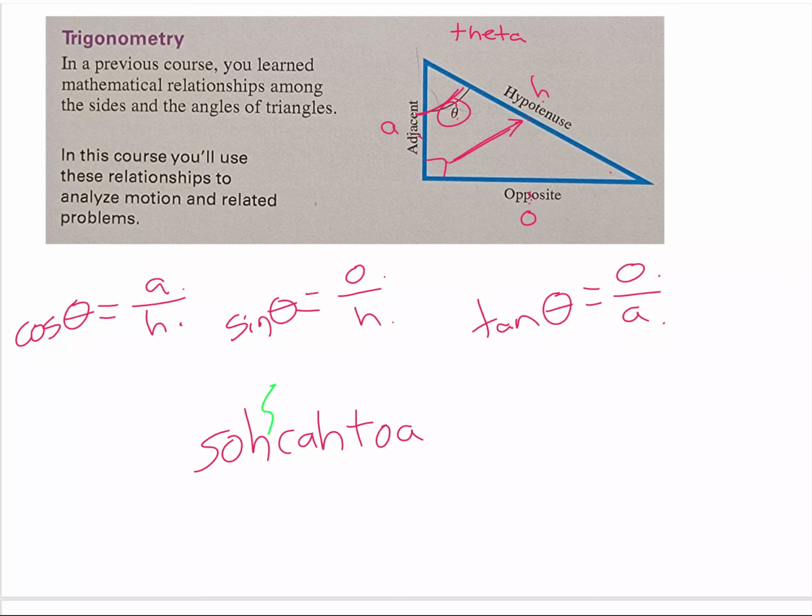So is sine, is opposite over hypotenuse. Ka is simply cosine, is the adjacent over the hypotenuse. And toa is just tangent, is the opposite over the adjacent. To help you remember which one goes with what. SOHCAHTOA is easy to remember, it's kind of fun to say, and that helps you remember.